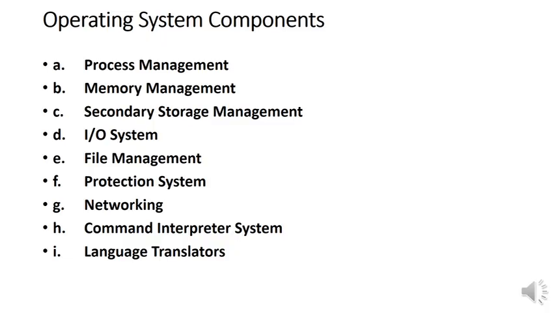The process of adding and removing files, the process of creating and deleting directories, the placement of files on a disk, and the file backup on reliable non-volatile storage. File management components should be able to allow all this set of operations that I've just mentioned.